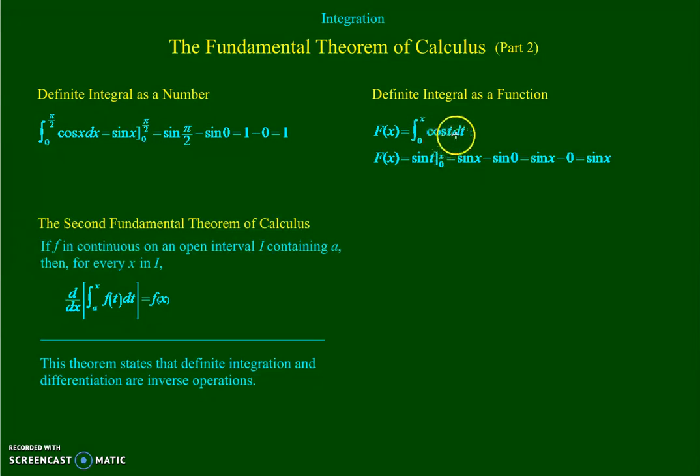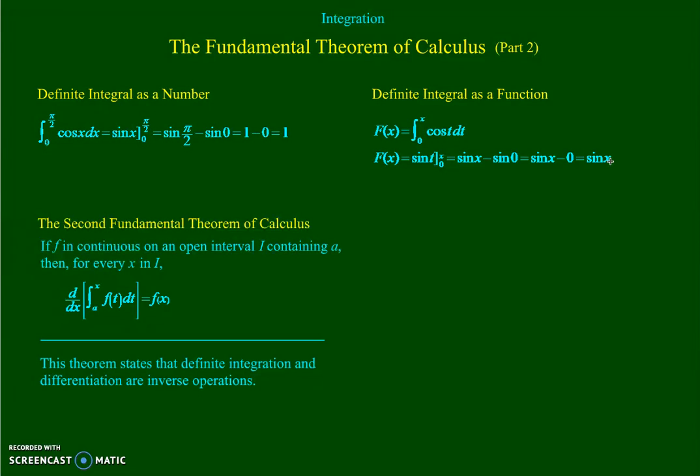So we take the antiderivative of cosine, which is sine t, and we evaluate it from 0 to x. And so evaluating first at x, t equals x, so that becomes sine x, minus sine of the lower limit, which is sine 0. In this case, the lower limit drives our sine function to 0, so we have sine x minus 0. So conveniently, this comes out to sine x.